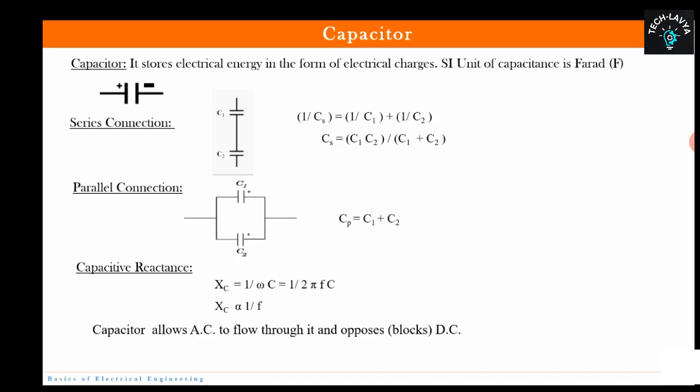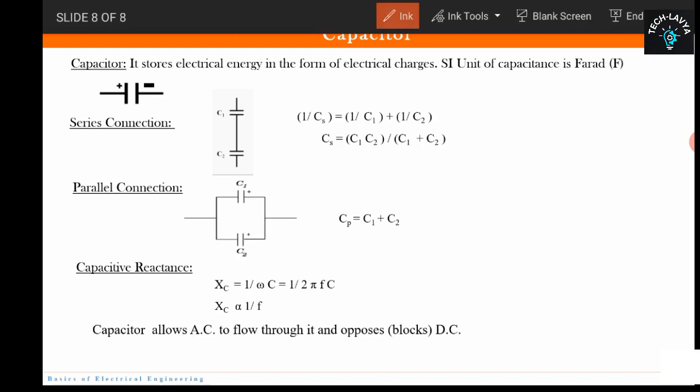In case of inductor and a resistor, series combination was represented by R1 plus R2 or L1 plus L2, whereas in the case of capacitor, parallel combination is represented by C1 plus C2 and series combination is represented as C1 C2 upon C1 plus C2. Fine. This we have to remember.